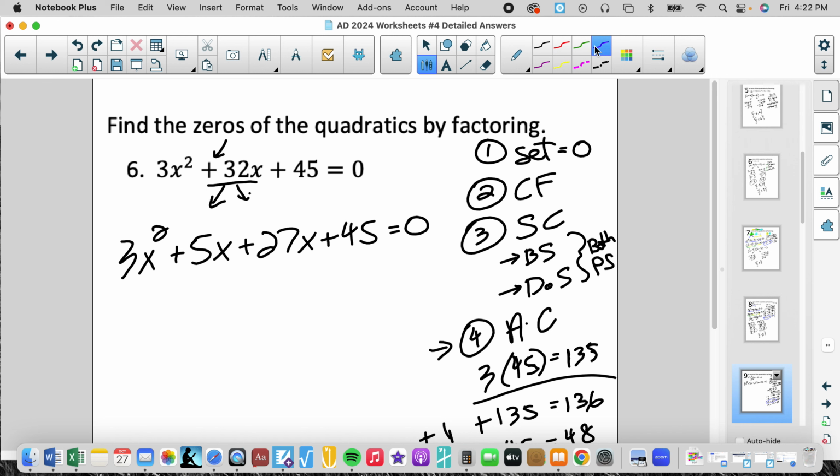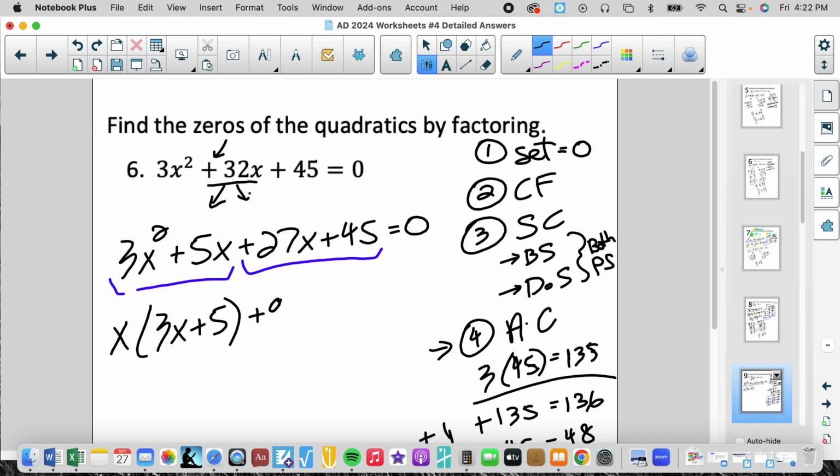We're going to factor by grouping. Let's look at the first two terms, 3x squared plus 5x. No coefficient in common, but they both have an x. So let's factor out an x. We get 3x plus 5. Let's look at 27 and 45. 9 goes into both of those. 9 goes into 27x, 3x times. 9 goes into 45 5 times.